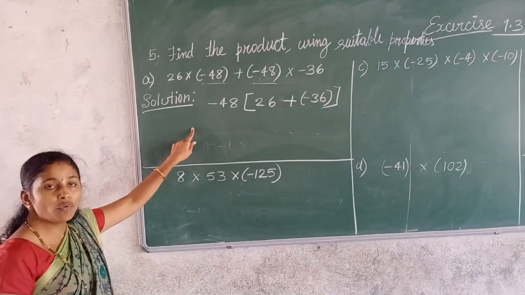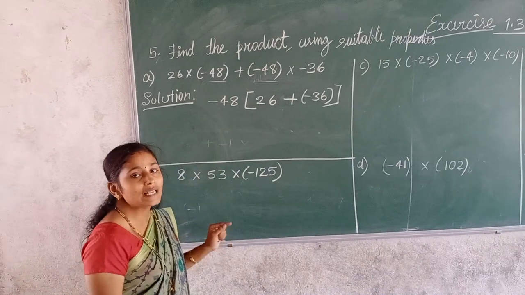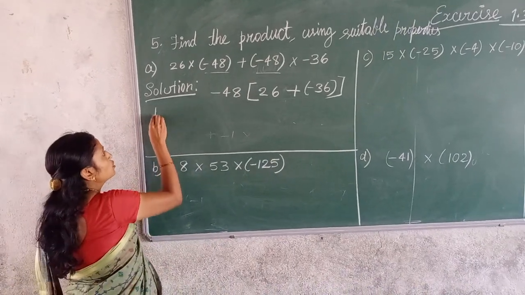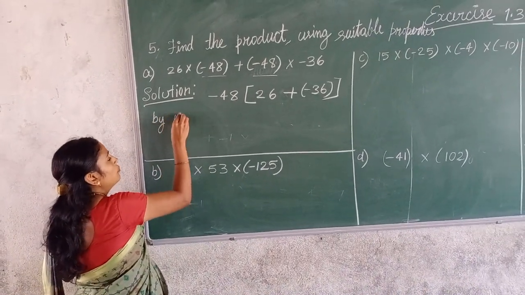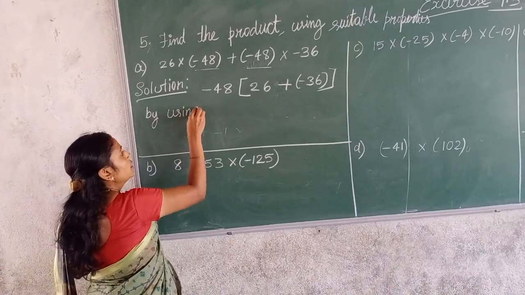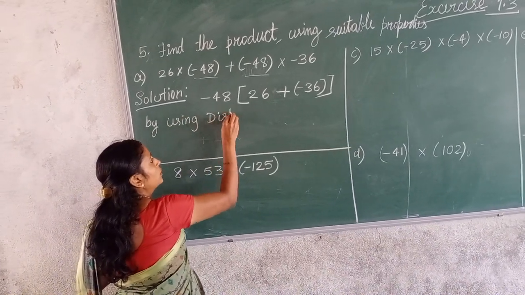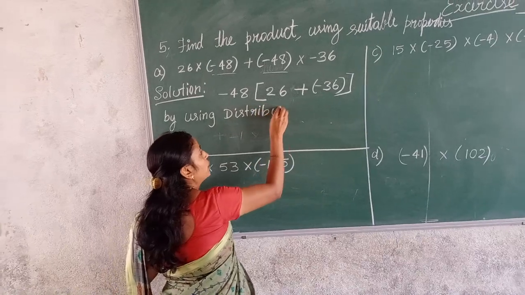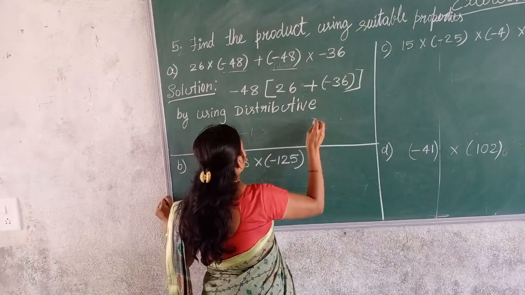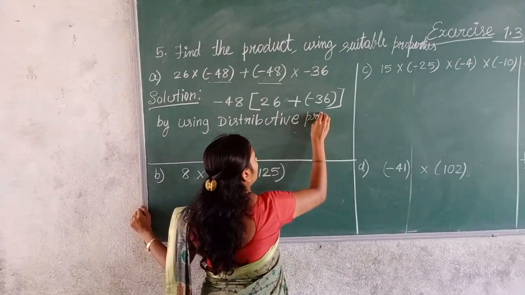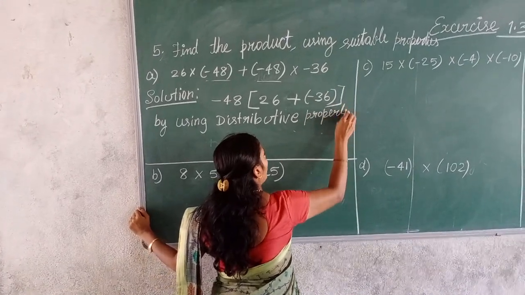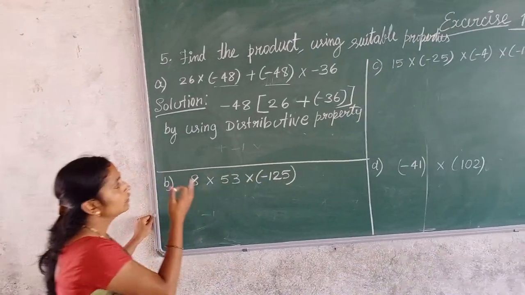Why did I take 48 common? Because we can use the distributive property. By seeing that you can understand it is the distributive property, so you can easily do it.